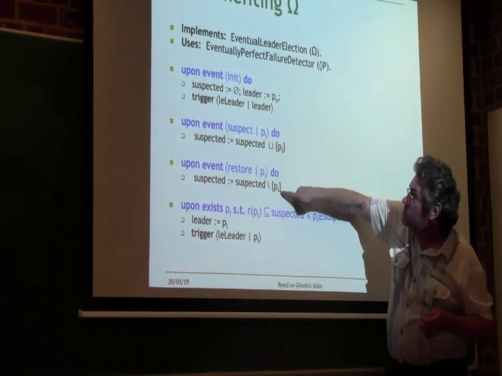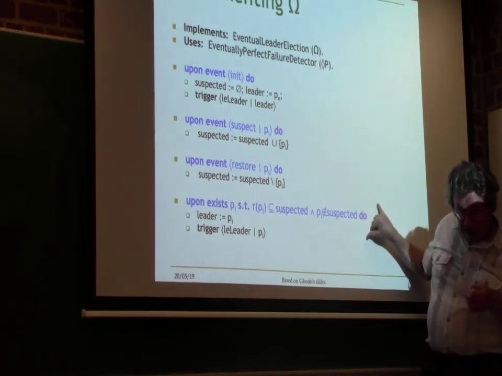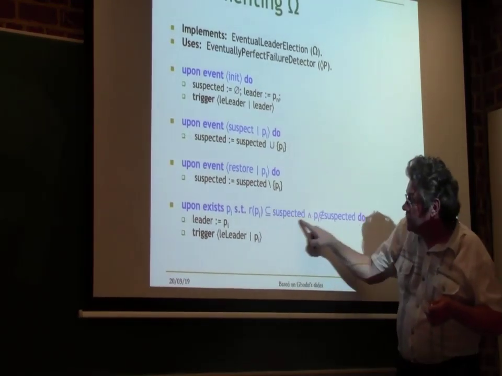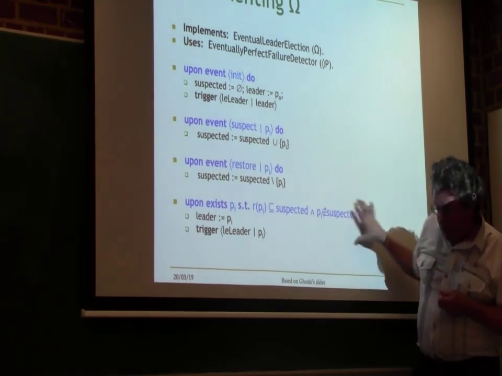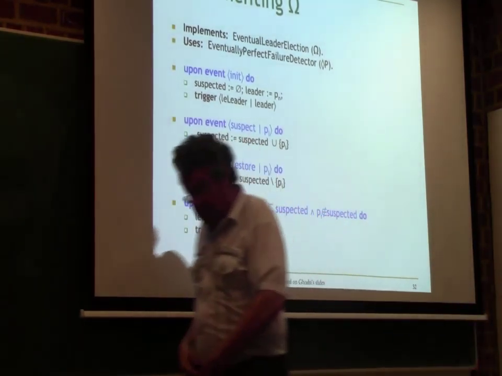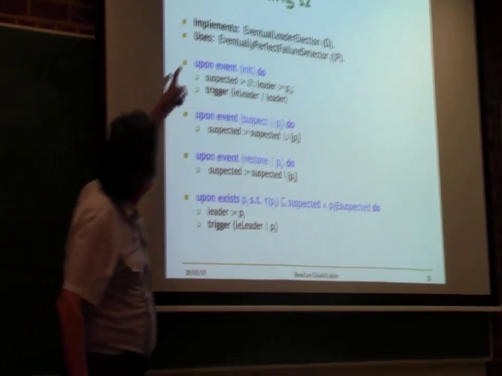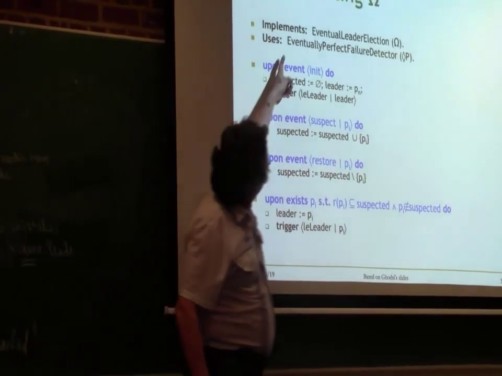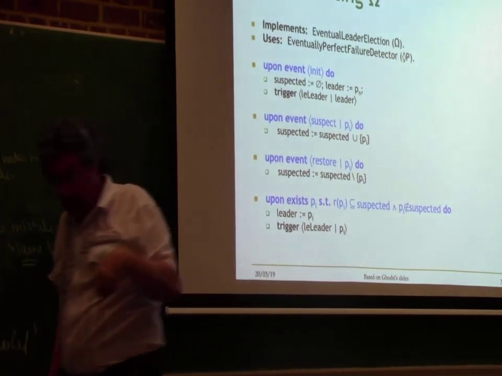Once it corrects all the mistakes, then this condition will be correct. As soon as the suspected set only contains really crashed nodes, then this will be correct. So this is going to make some mistakes in the beginning, because the eventually perfect failure detector makes mistakes. But once this one stops making mistakes, then the eventual leader will also stop making mistakes. Okay?